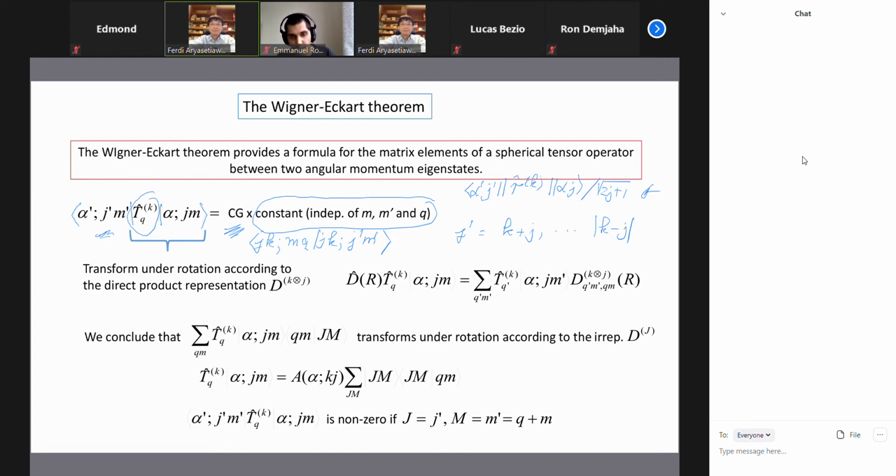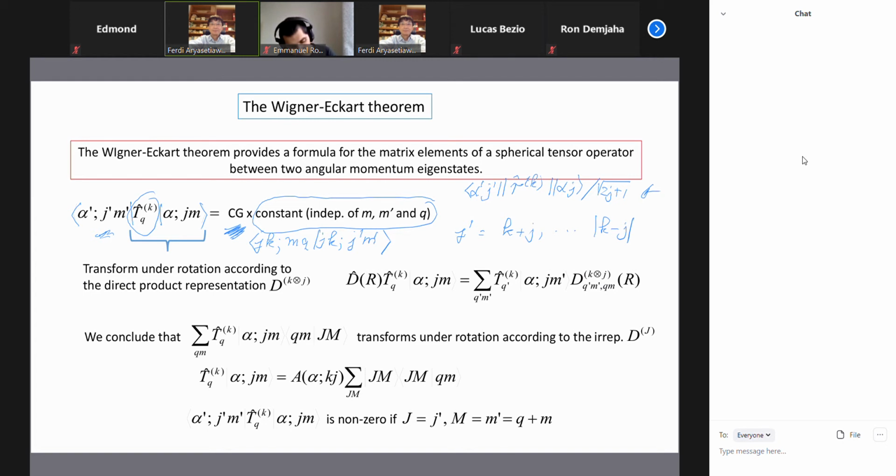So this is the whole point: these matrix elements can be written as a product of Clebsch-Gordan coefficients, which carry the dependence on m, m prime, and q, multiplied by a constant which is independent of m, m prime, and q.